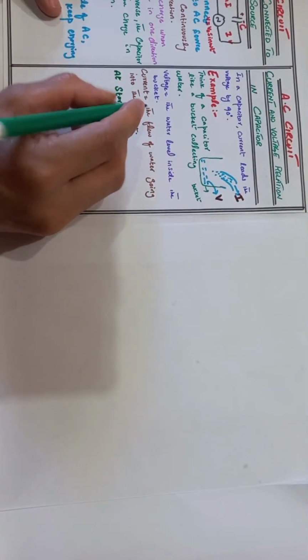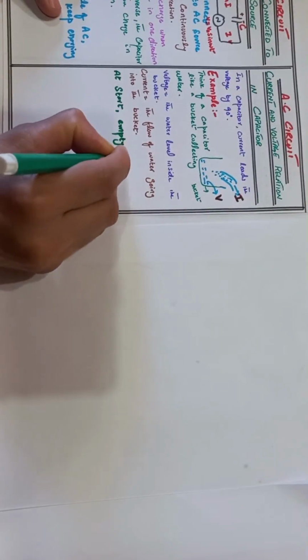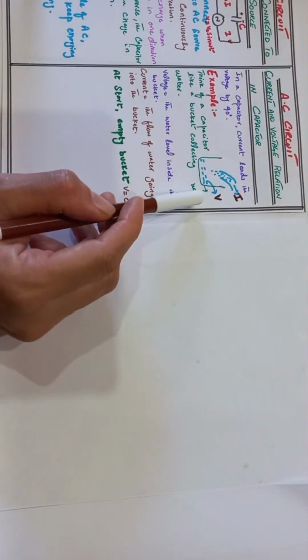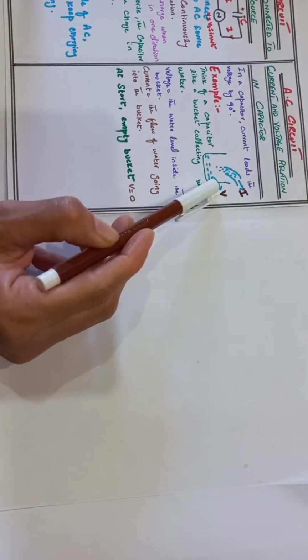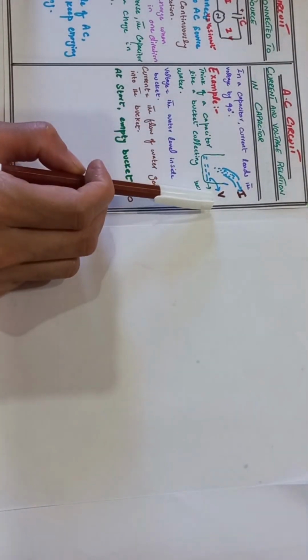What I basically want to tell you is that at the start the bucket is empty. When the bucket is empty, the voltage at that time is zero. At the start the bucket is empty, at the start the capacitor is empty, so voltage is zero.